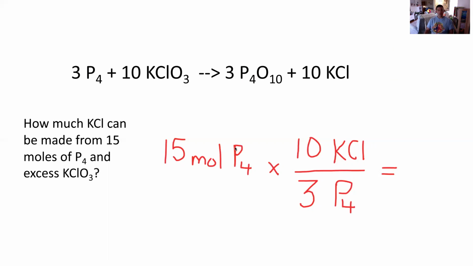So I put what I already have, my given, on the bottom. That's the P4, and its coefficient goes with it, 3 P4. I want to find KCl, so I put 10 KCl up top. So now I'm doing 15 times 10 divided by 3. With your calculator out, no problem. You're going to get 50 moles of KCl.